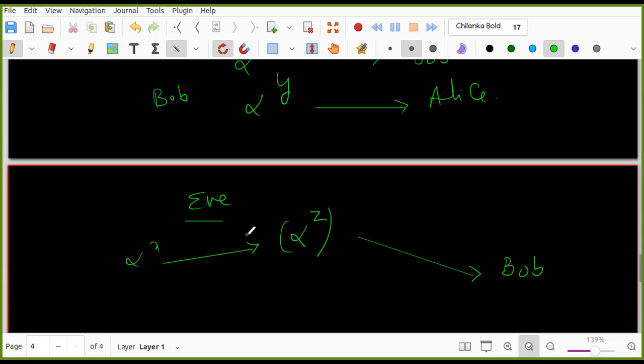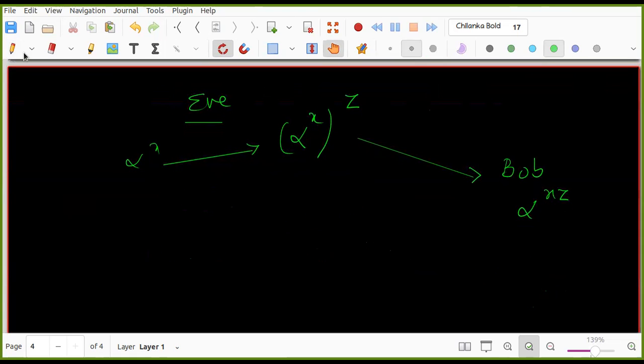Alpha power x is taken and raised to z. Alpha power x power z. You choose some z. Now what will Bob receive?